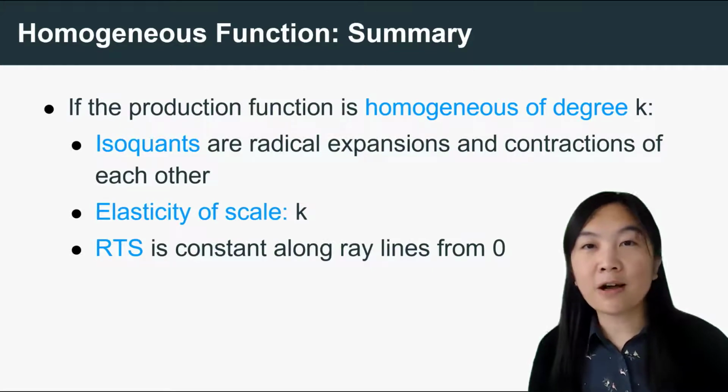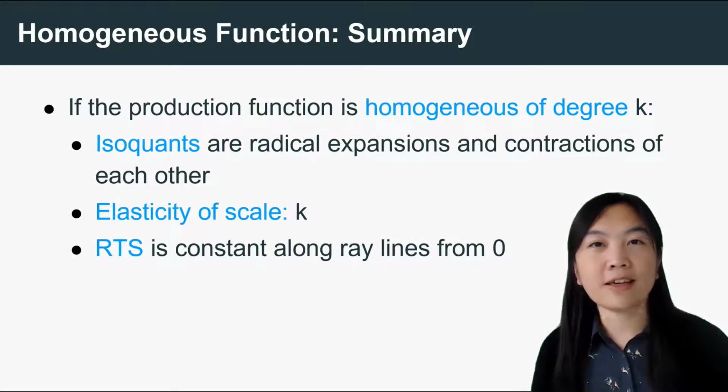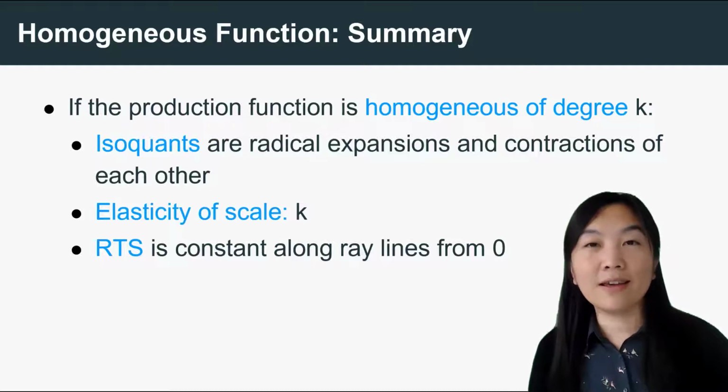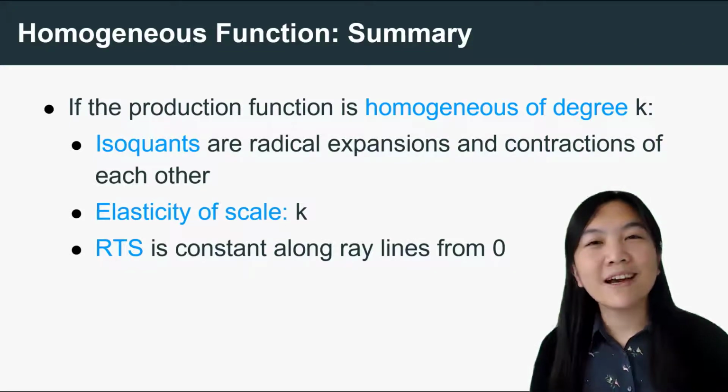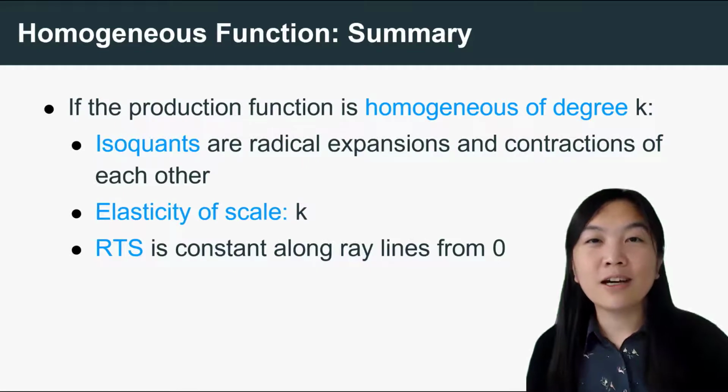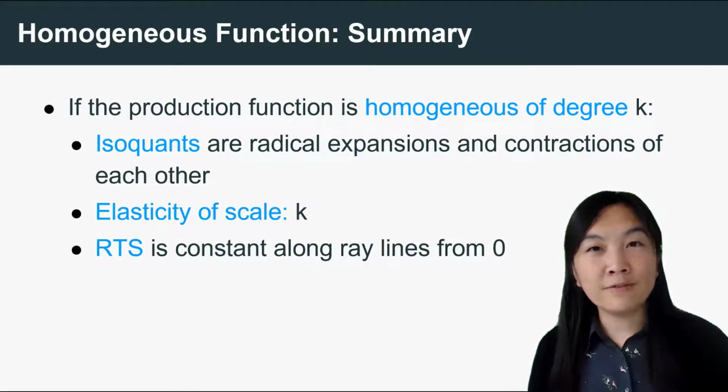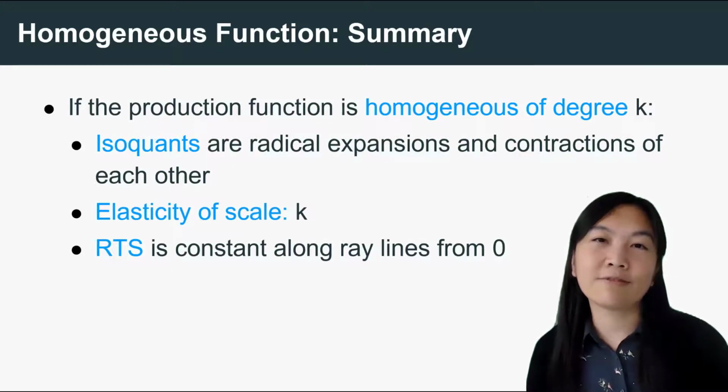If K is smaller than 1, decreasing returns to scale, and K greater than 1, increasing returns to scale. So this is really convenient once you have a nice production function. You don't need to go through all the math. And the third property is that the rate of technical substitution is constant along ray lines from 0.